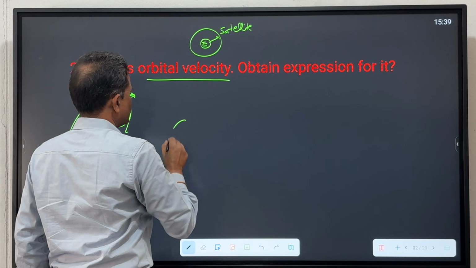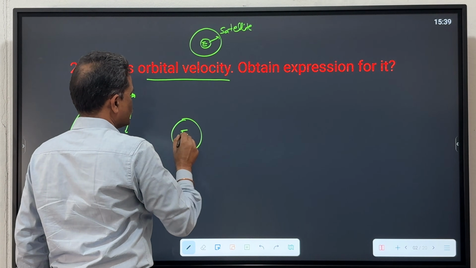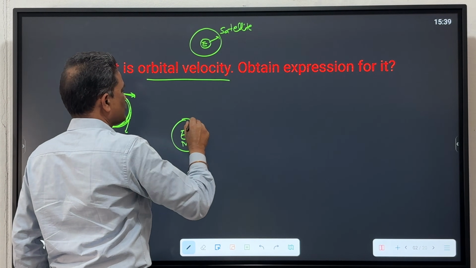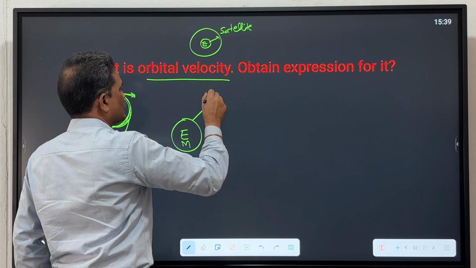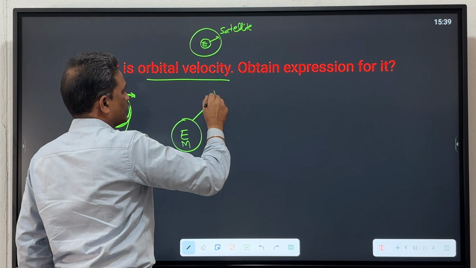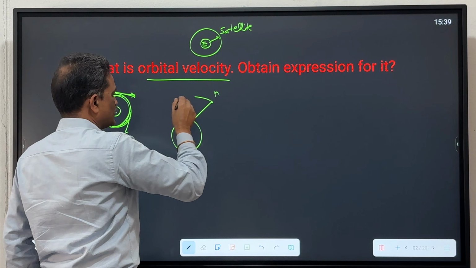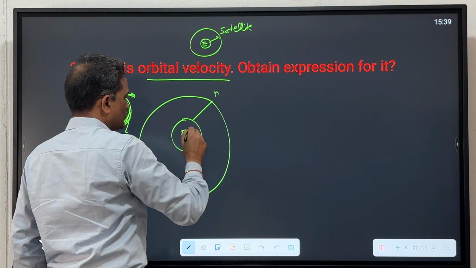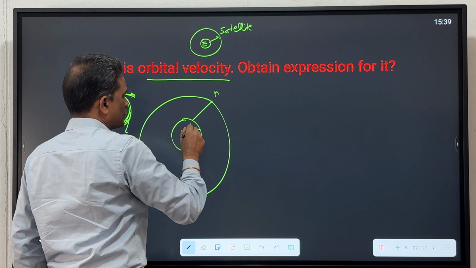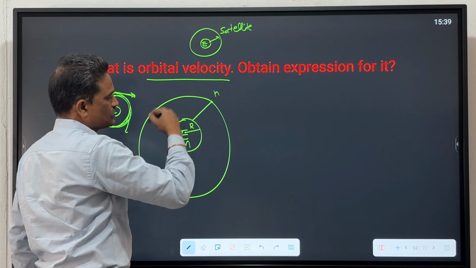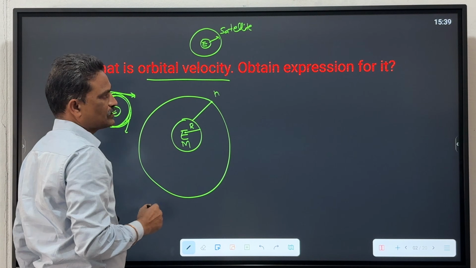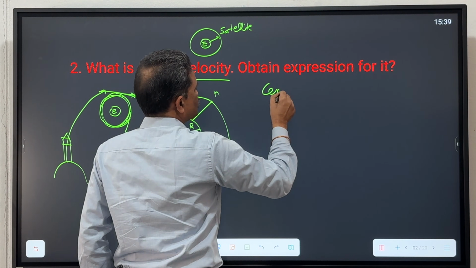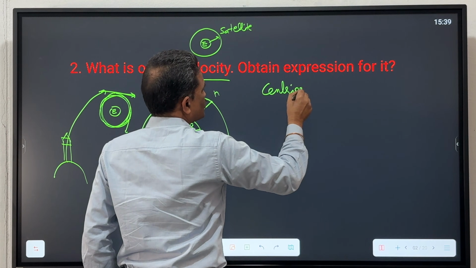So this is the earth. The mass of the earth is M. From the earth, at a distance of r, or at a height of h, let us take a circular orbit. The radius of the earth is capital R. Whenever you want to have circular motion, there must be a force called centripetal force.